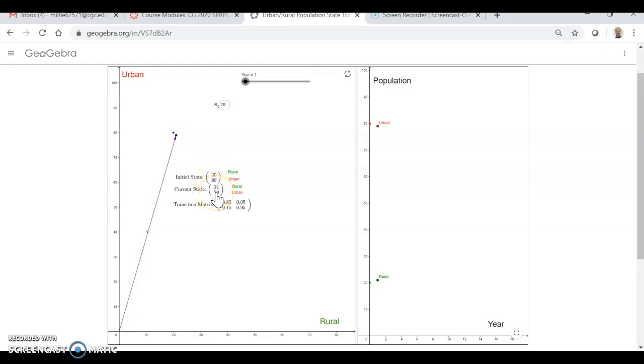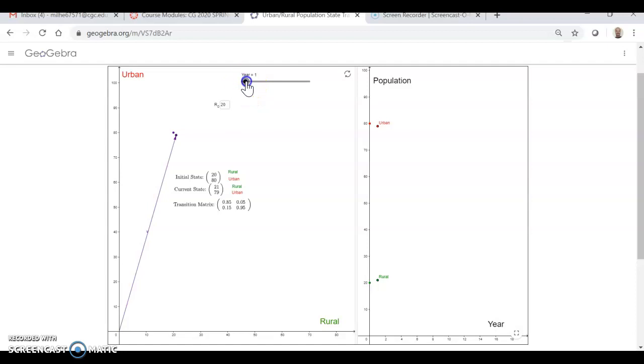Well, we've been thinking about multiplication of vectors by matrices as some sort of rotation and scaling effect performed in geometric space. So you can imagine that we were originally at this point here, and now that vector moved over because it's been multiplied, boom, 1 time by the transition matrix. So we see the urban population dropped, the rural population grew.